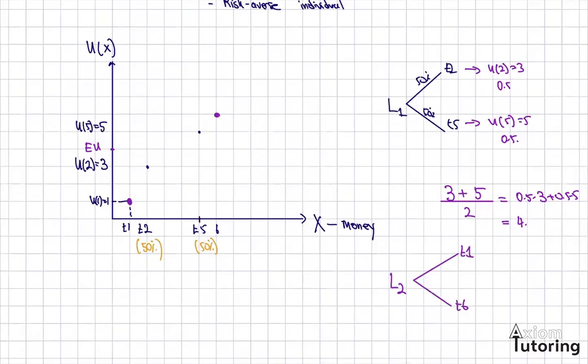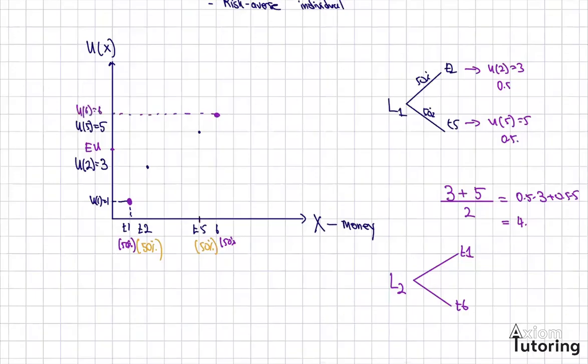Right? Well, let's assume that it's still 50-50. It didn't have to be, but let's assume that it still is 50-50. Well, in that case, the assumption of an expected utility maximizer would tell us that here the utility of 6 is also 6.